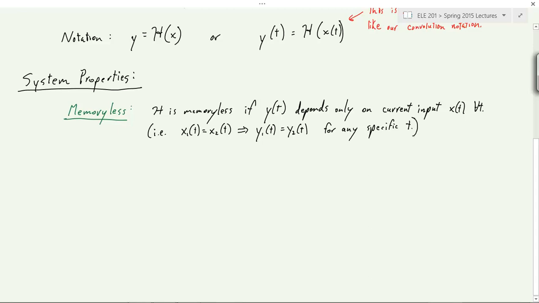Okay, so for all of these properties, I'm going to be using this x. I'm going to suppose that x produces y through the system, x1 produces y1, x2 produces y2. So let me go ahead and write that down.